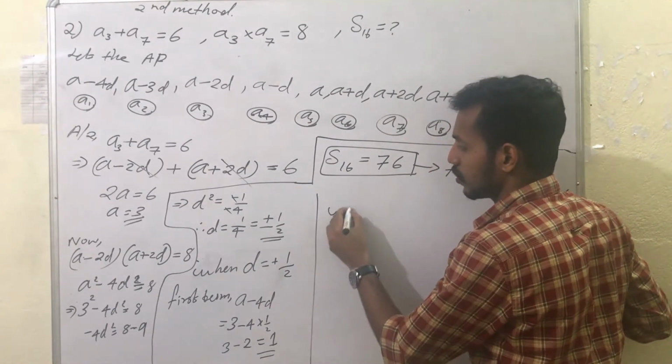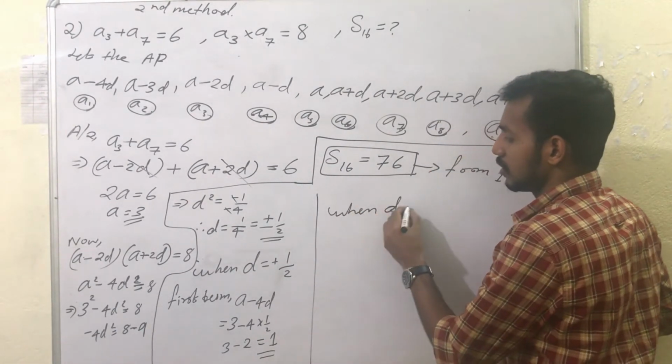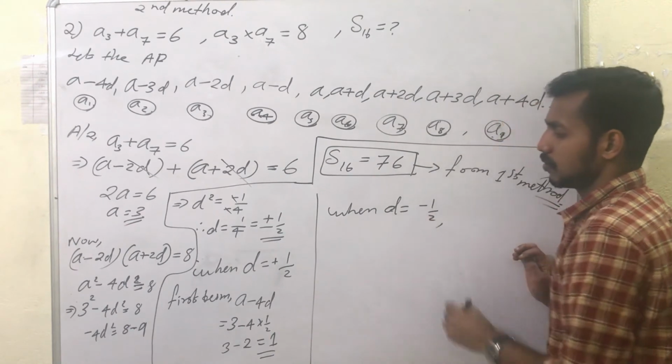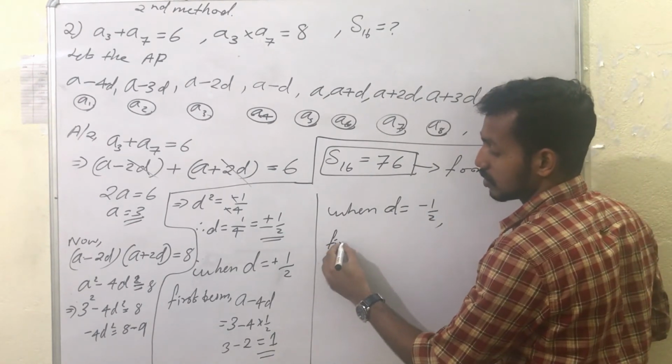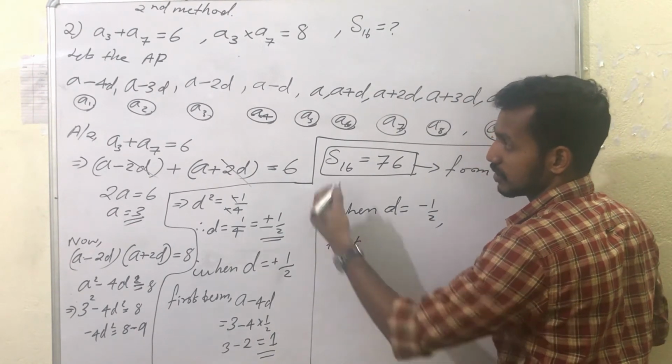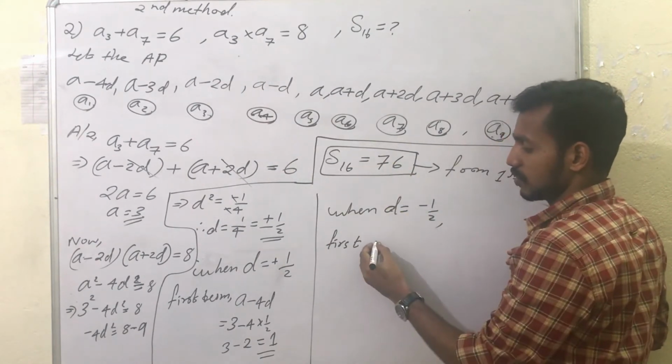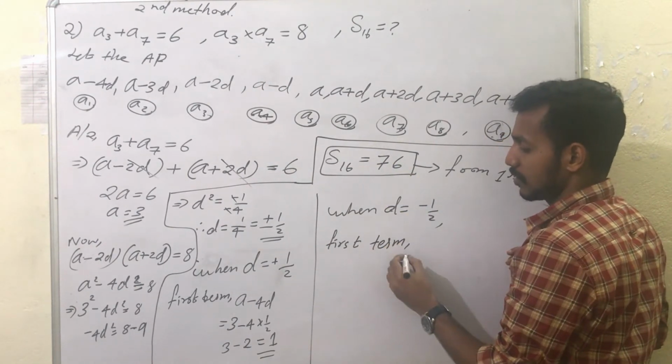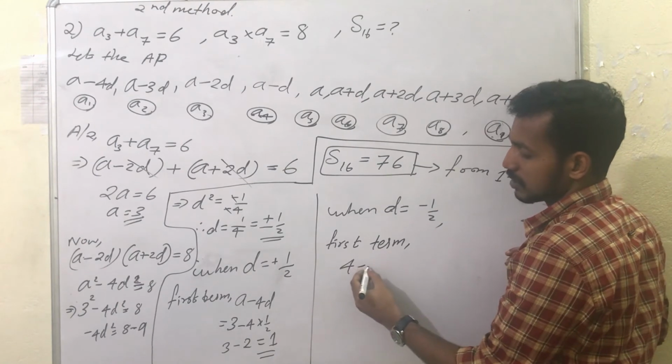Now, when D is equal to minus 1 by 2, the first term is not A, it is not.